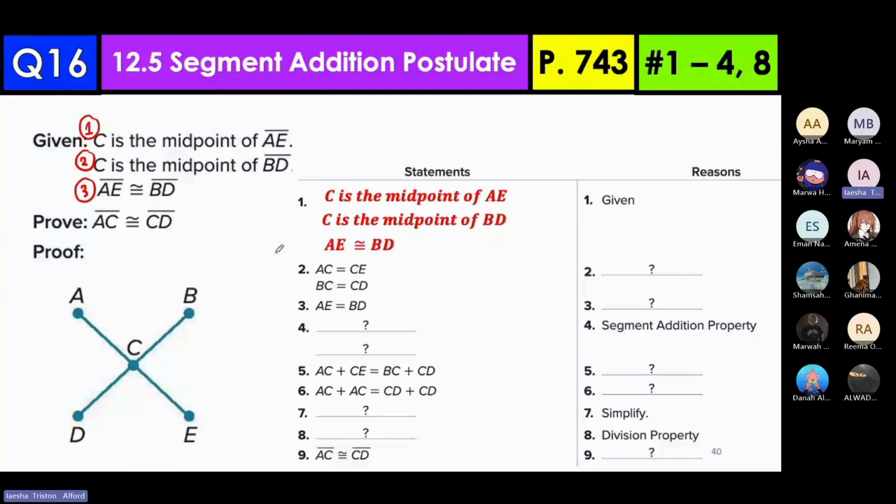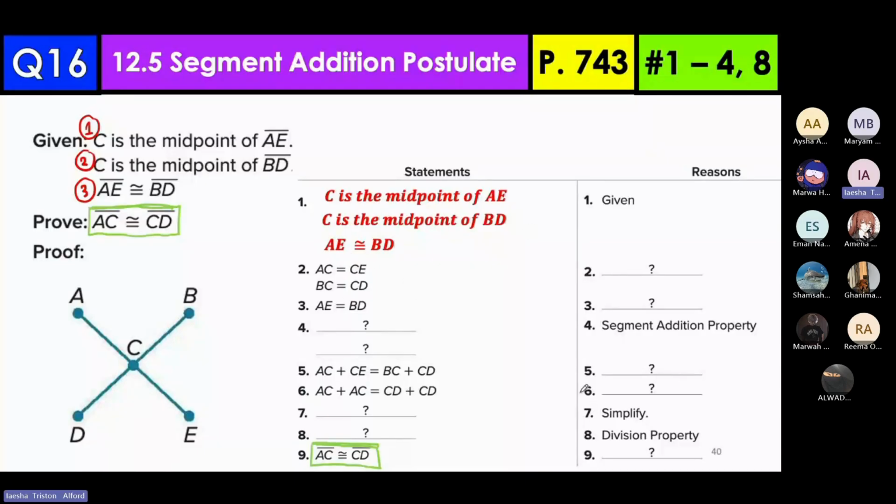The 3 givens. Then the next thing we need to put is the proof. Where does the proof belong? The last line, so it should be down here in the last line. Okay, so it's in the correct place.